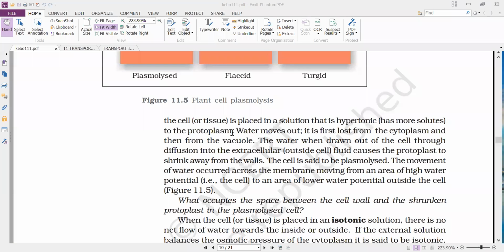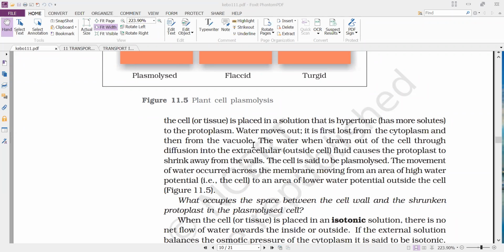As a result, the cell membrane gets separated from the cell wall and finally develops wrinkles and strings. This phenomenon we are calling plasmolysis. This occurs because of exosmosis in the plant cells. Water moves out. It is first lost from the cytoplasm and then from the vacuole. We all know very well.